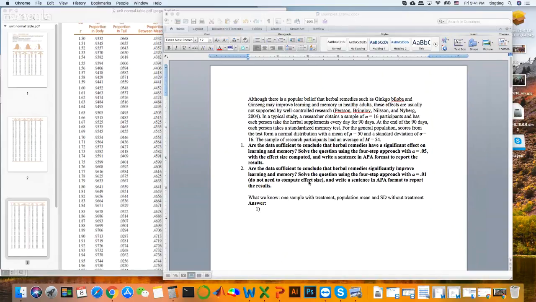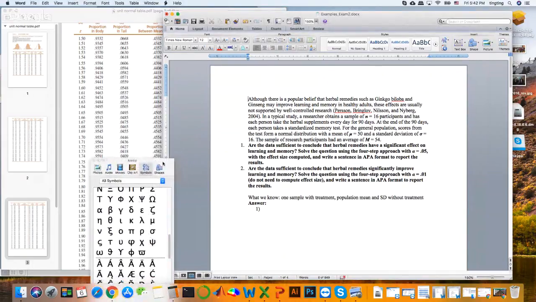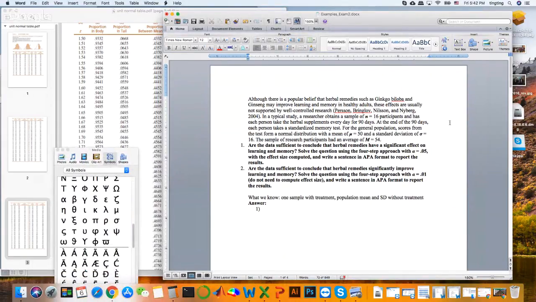So here we have a problem like this, and let's try to learn how to quickly find the information you need to solve the question. Here we know we have 1 sample. This is the keyword, 1 sample. And then we have a population.